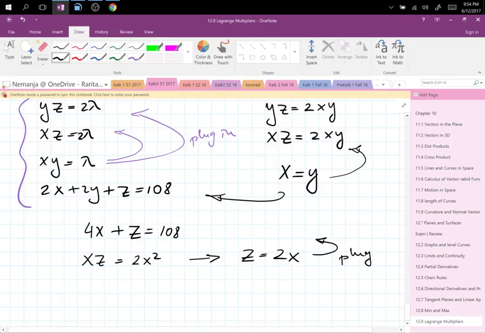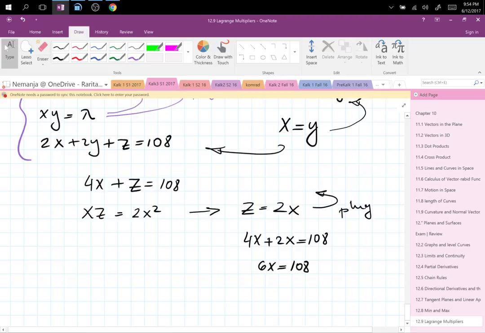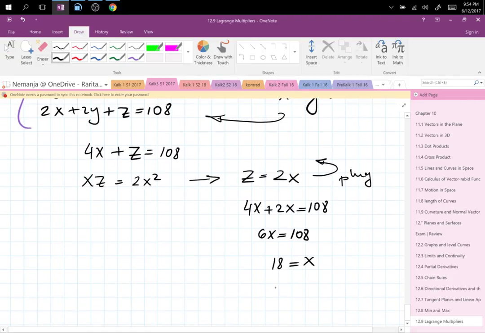It's just a lot of plug in, plug in, plug in. So now 4x plus 2x is 6x, which is equal to 108. 6 and 10 goes once. 6 and 48 goes 18 times. x is 18. Immediately, z is twice as much, 36.